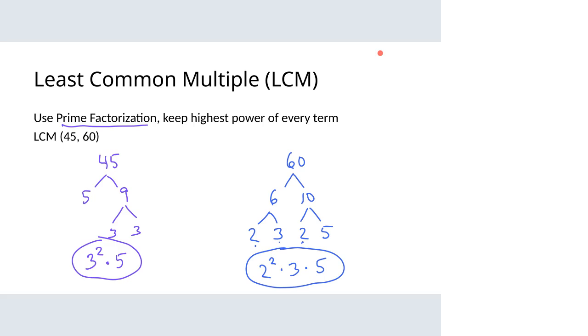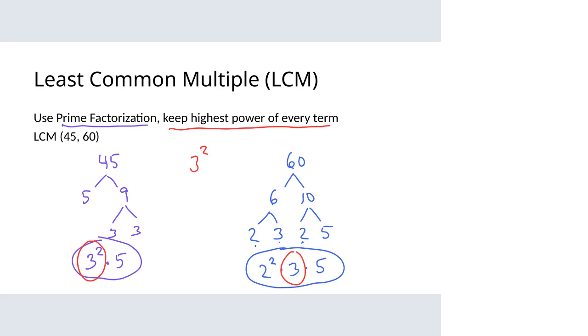Now, with least common multiple, we want to join things together. We are going to keep the highest power of every term we have. This relates to union. We're going to join these things together. We're going to keep the highest power of every term we have. So as I look at these, I have 3 squared and I have 3 to the first. Well, that 3 to the second power is the highest power.